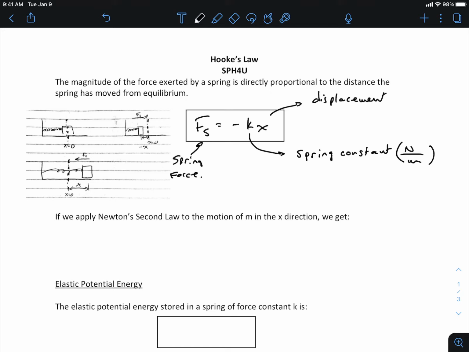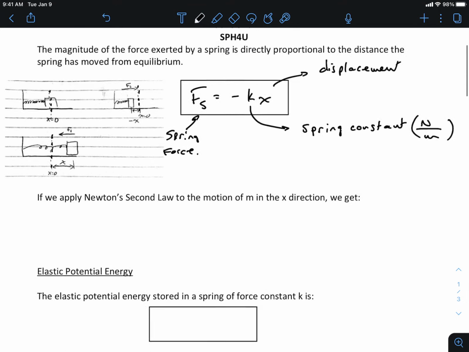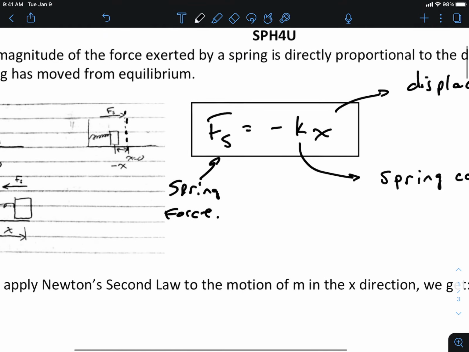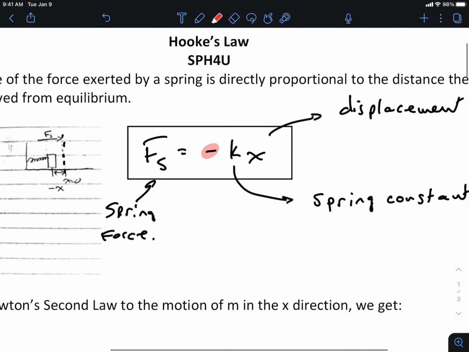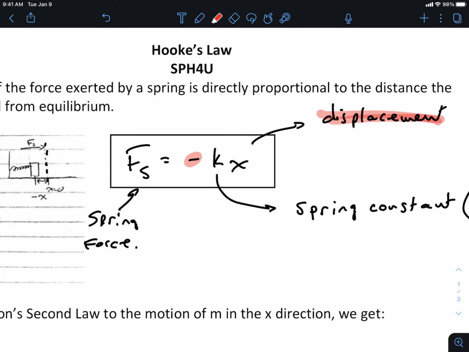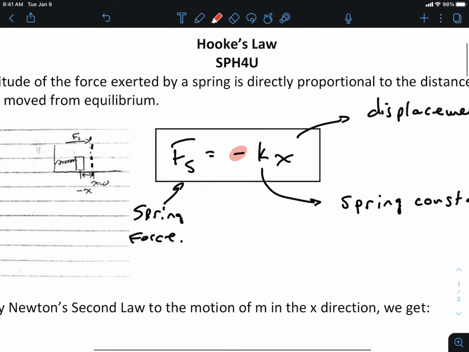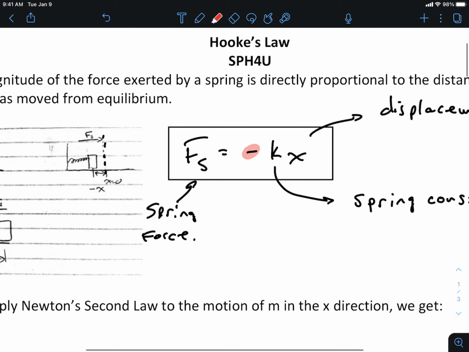Okay, and keep in mind, I'm just looking at this first picture here, just as a reference. So you might ask yourself, well, why is the negative here? Well, we use the word displacement here, which implies direction. It takes into consideration the direction. So let's just say here for a sec, I displace this spring, or I push on the spring in the negative x direction.